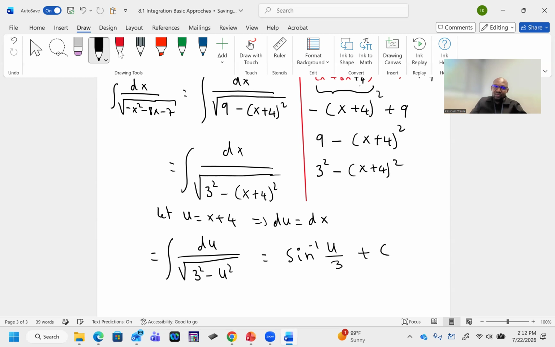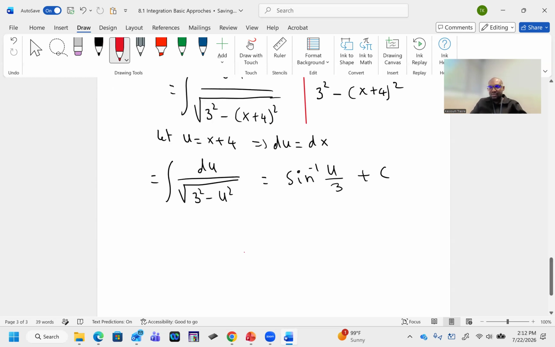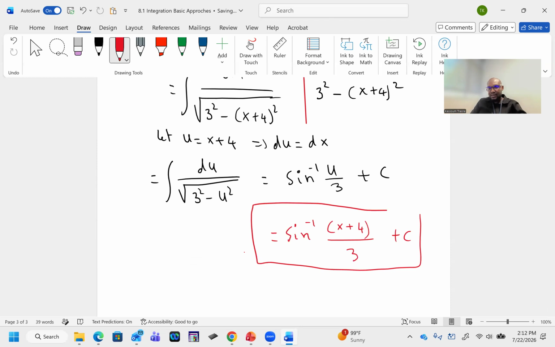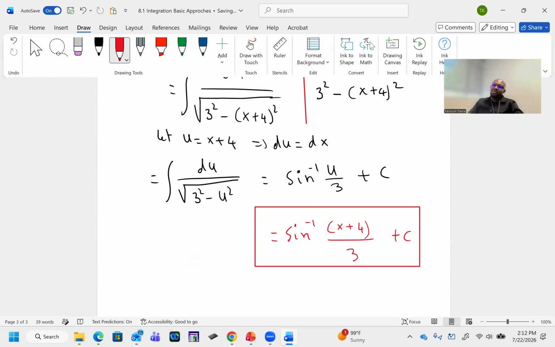What is our u? x plus 4. So my final answer will be sine inverse of x plus 4 divided by 3 plus c. That's it. I hope you enjoyed this section. Let's go to the next one.